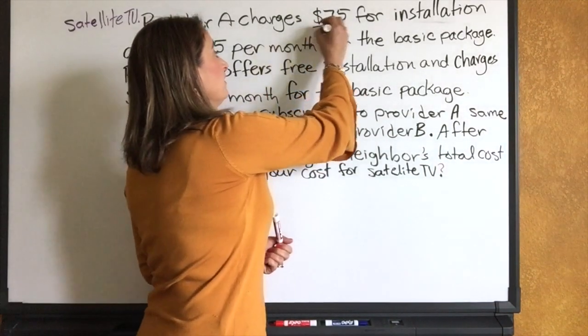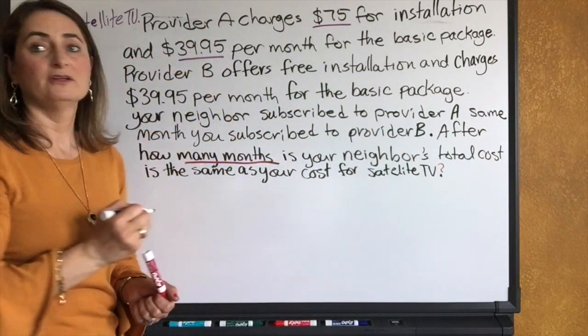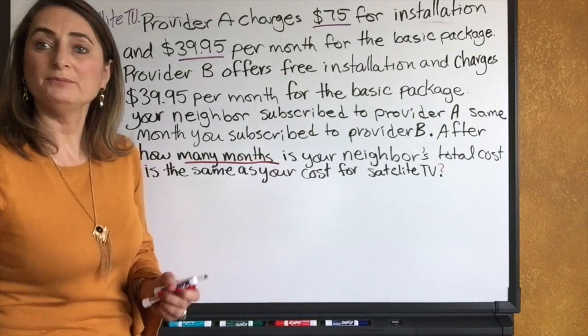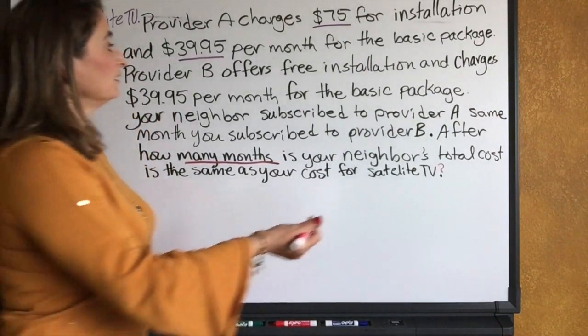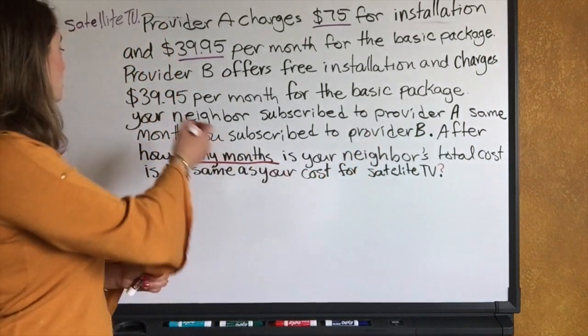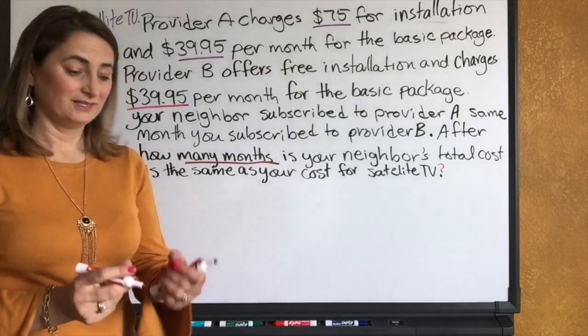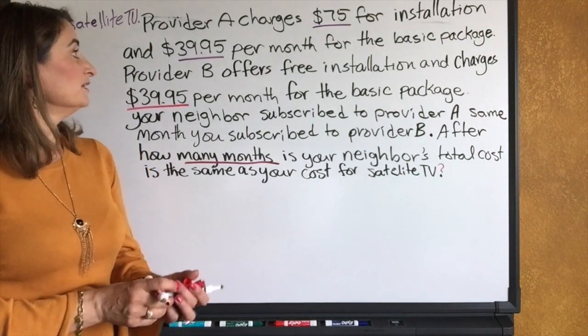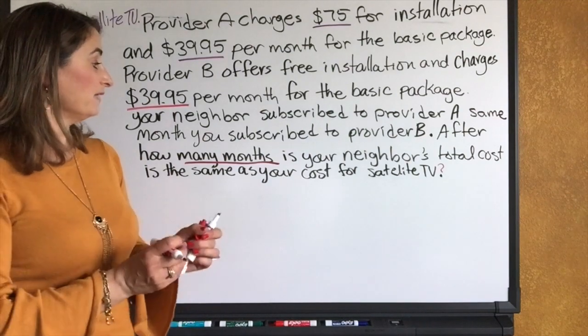We have $75 for installation and $39.95 per month for one company. Now let's see the second company. They charge $39.95 a month, but they do not charge any installation fee. So let's solve this for both companies and write the equation.